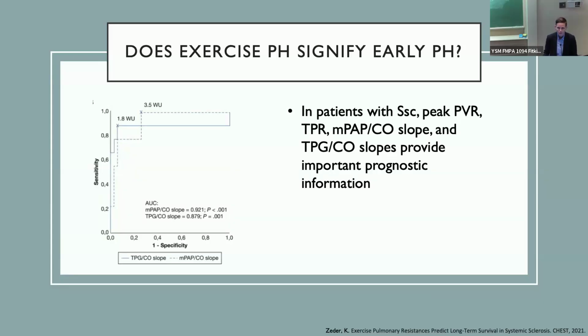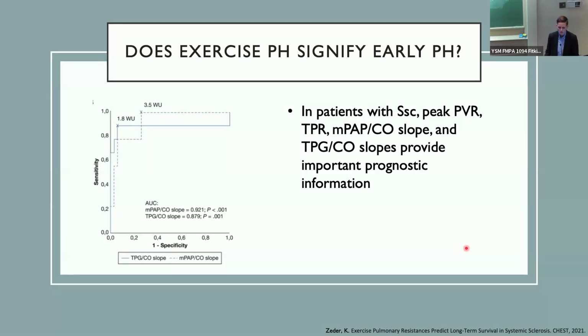And the question I and others have is, does exercise pH actually just signify early pulmonary hypertension? And this seems to be the case, at least for populations at risk of developing pulmonary hypertension. This is from a study of patients with systemic sclerosis with no or mildly increased resting pulmonary pressures.